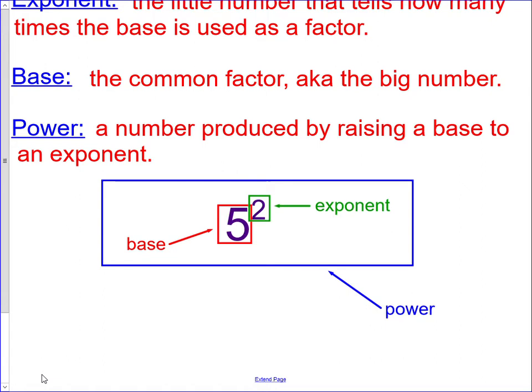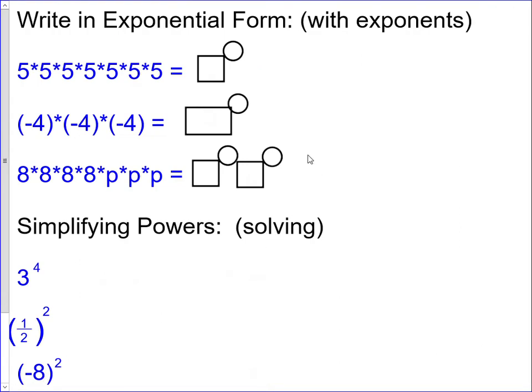So remember, a power is a number produced by a base being raised by an exponent. Let's take a look at what we're going to do today, just to review. We're going to take a number that's in expanded form and write it in exponential form.